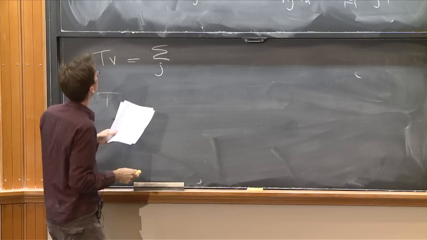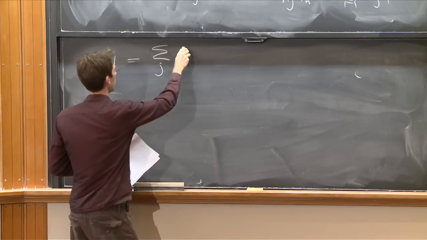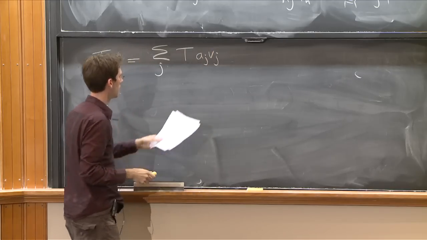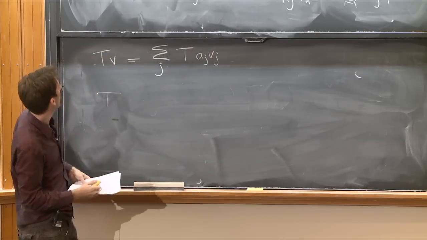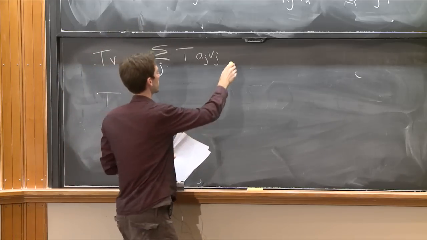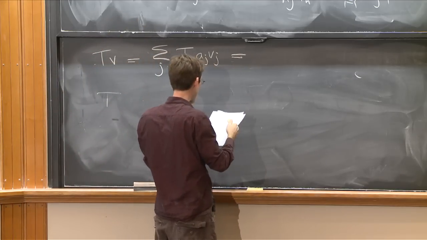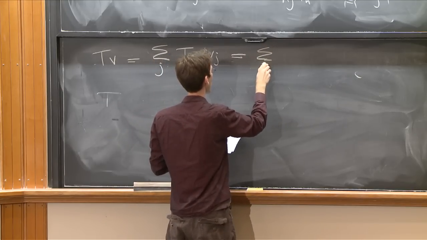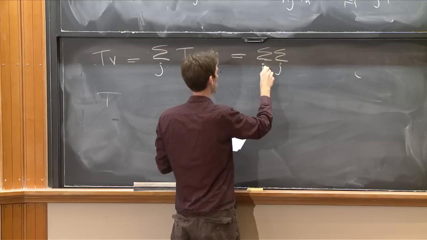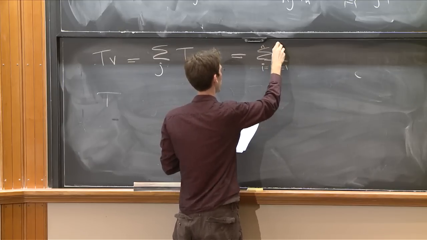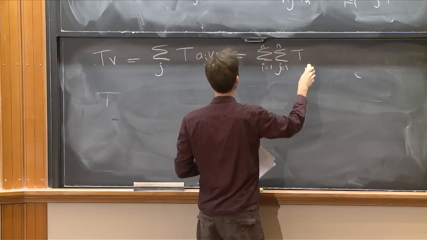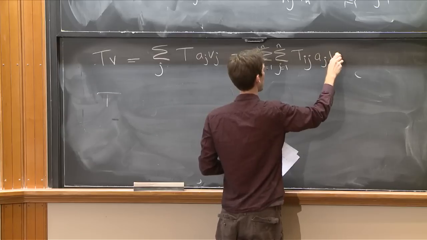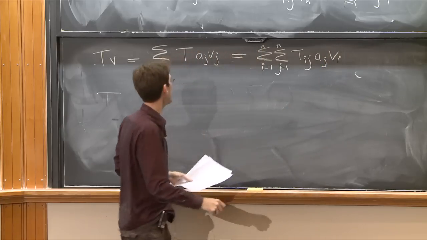So Tv we can write as a sum over j of T times a_j v_j. And we can move the a_j past the T. And then if we expand this out, we get that it's a sum over i from 1 to n, sum over j from 1 to n of T_ij a_j v_i.